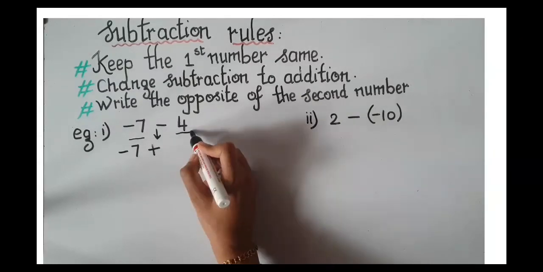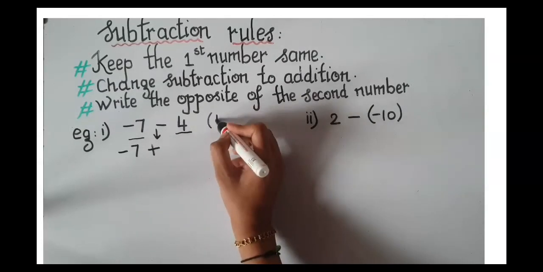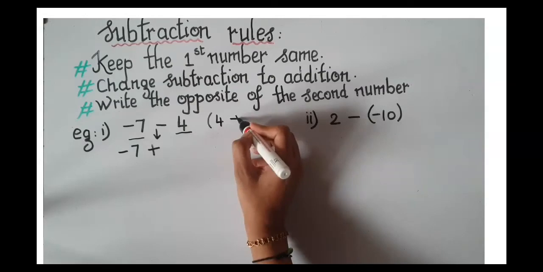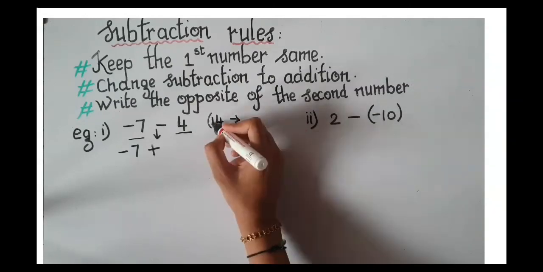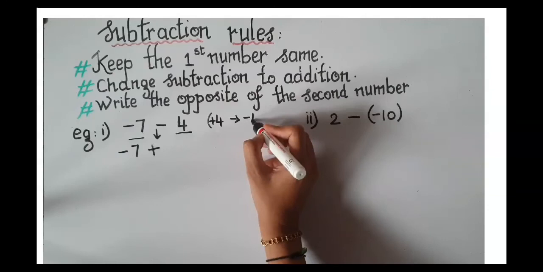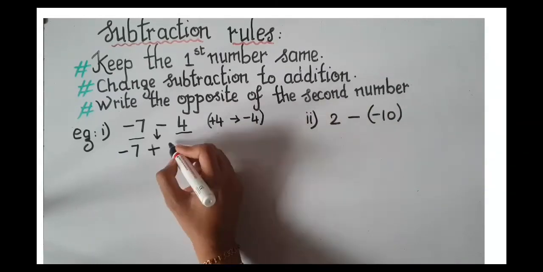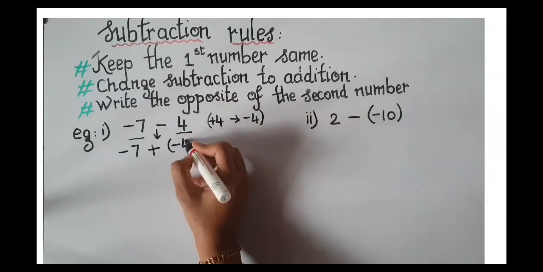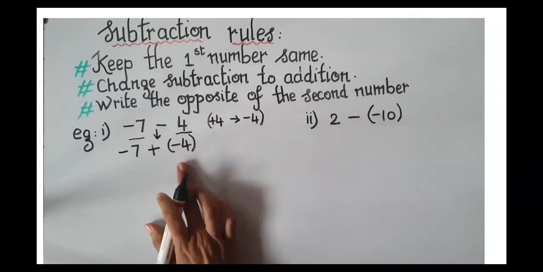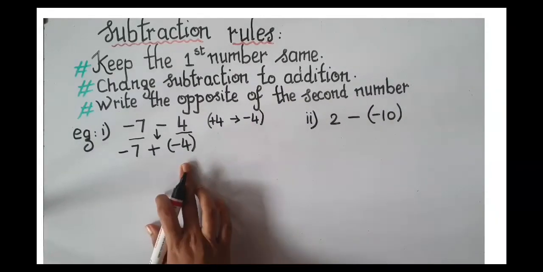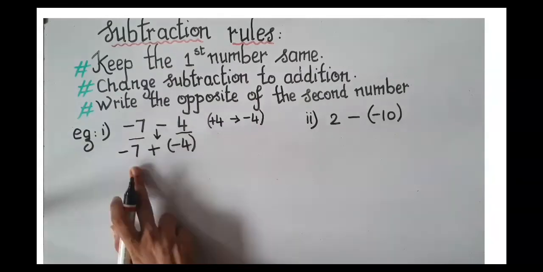It doesn't have any sign. So that 4, no sign, is +4. We have to write the opposite number of 4, that is -4. Okay.